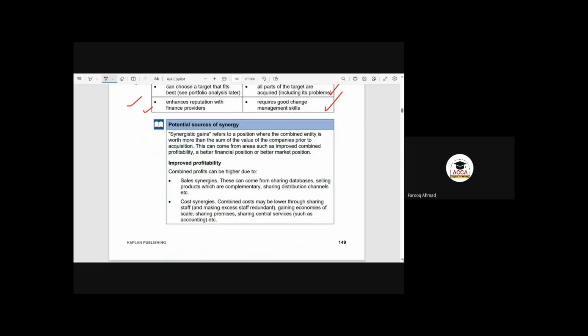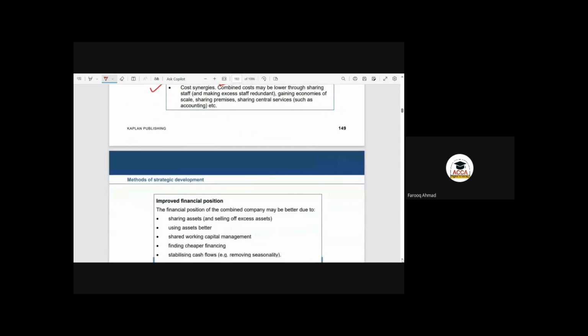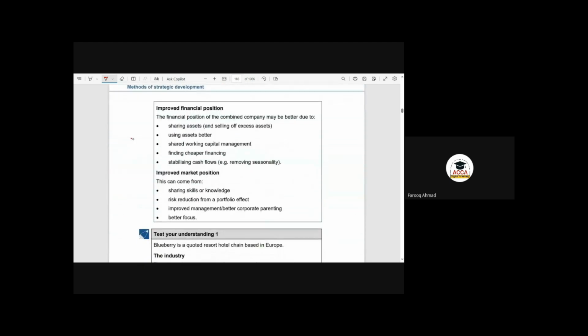Potential sources of synergy improve profitability. For sales synergy, when they get together, synergies can come from sharing databases, selling complementary products, and sharing distribution channels. Then there are cost synergies. When they combine, there are a lot of synergies: cost saving, expertise and experience sharing, and improved financial position.